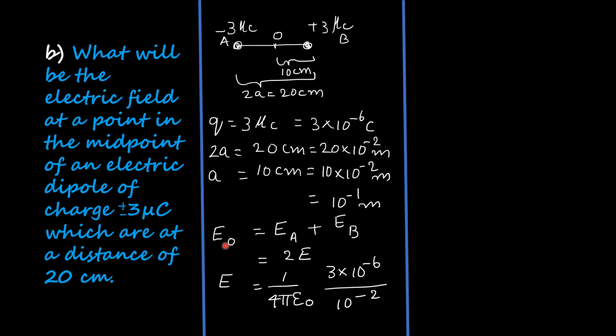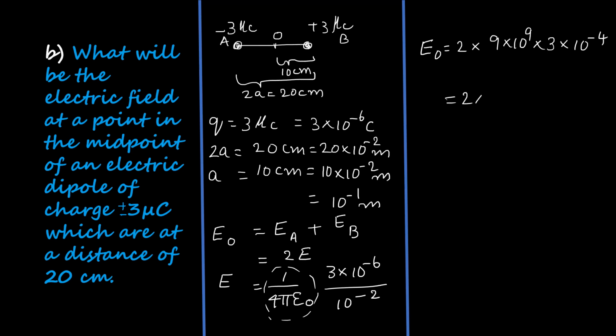E at midpoint is equal to 2E. So electric field at O is equal to 2 into 9 into 10 raised to 9, that is the value of the constant 1 by 4 pi epsilon naught, into 3 into 10 raised to minus 6 divided by 10 raised to minus 2, which becomes 10 raised to minus 4.